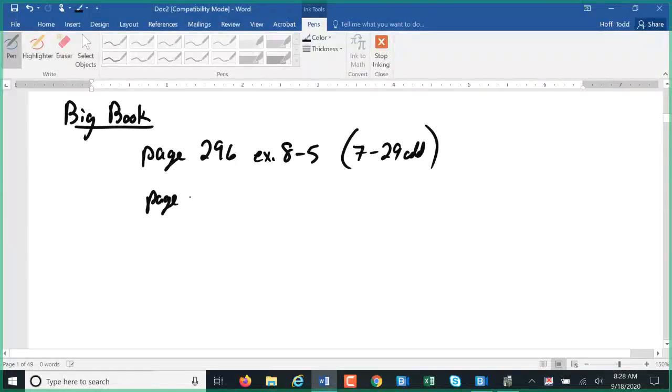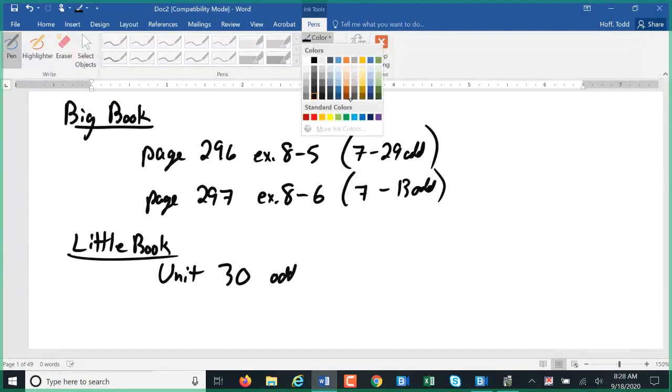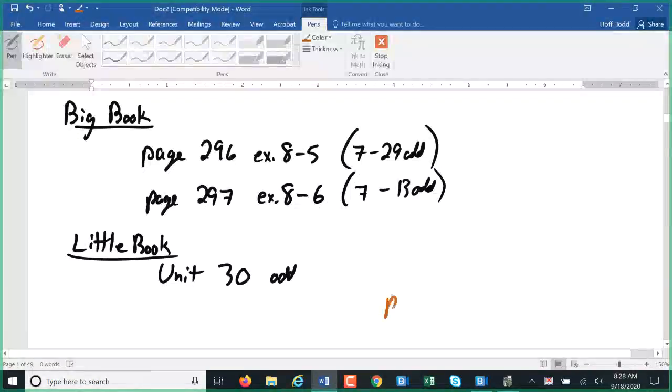And page 297, exercise 8-6, 7 through 13 the odd. Then in the little book, unit 30 the odds. Okay, it is now almost 8:29. Let's come back at 8:39 and we'll pick up from there.